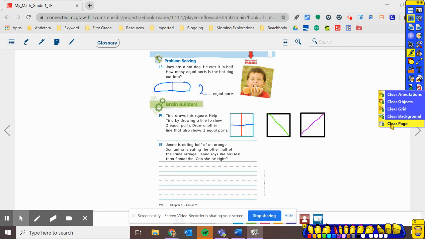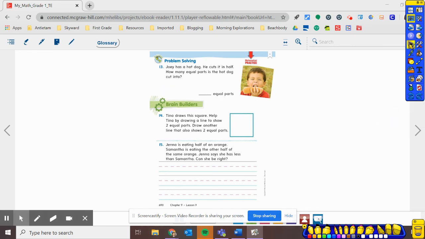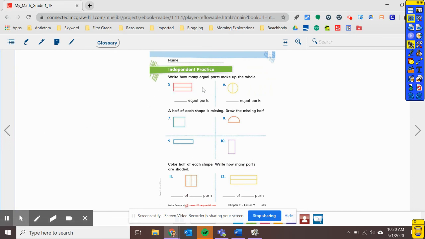All right, I'm going to clear my page and we're going to go back and look at your independent work. All right, so here we go. For 5 and 6, you're telling me how many equal parts do you see? How many equal parts are there? For number 7, 8, 9, and 10, you need to draw the missing half. So half of the shape is missing.